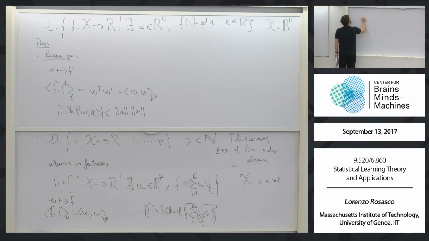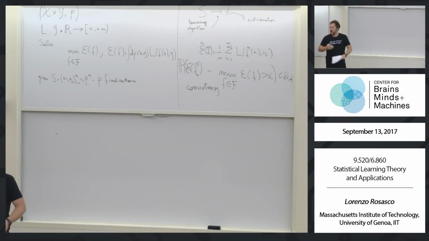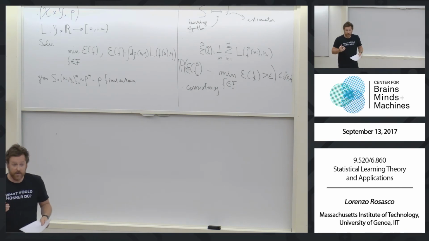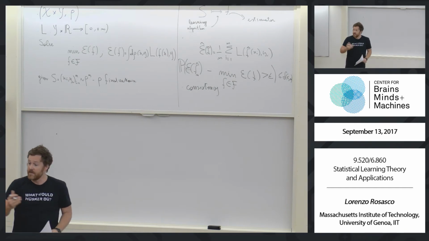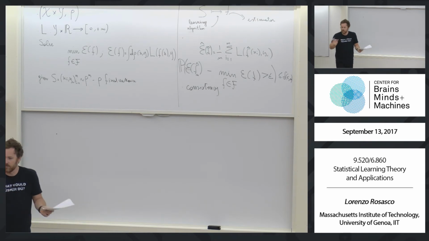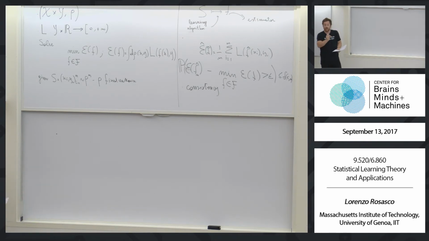Now, if you were here yesterday, what I basically discussed is that if you have linear spaces with an inner product and you want to generalize them to infinite dimension, you have some technical condition, basically the fact that series of functions do converge, and then you're good to go.